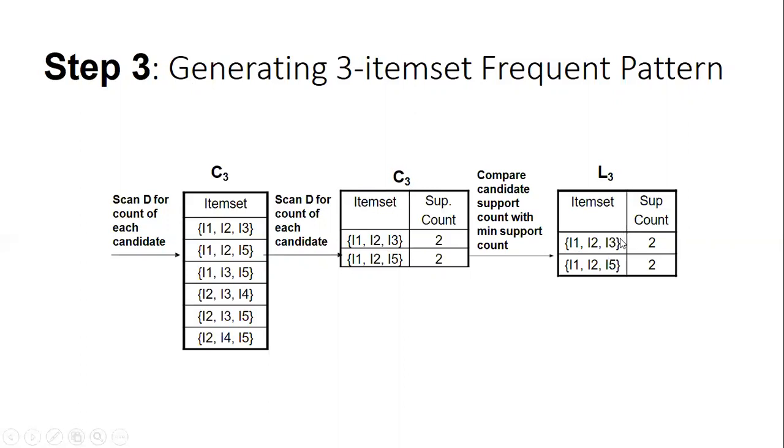Next we will move on. We'll join L3 and L3. When we join L3 with L3, what will we get? I1, I2, I3 and I1, I2, I5. So when we join, what are the different items we'll get?